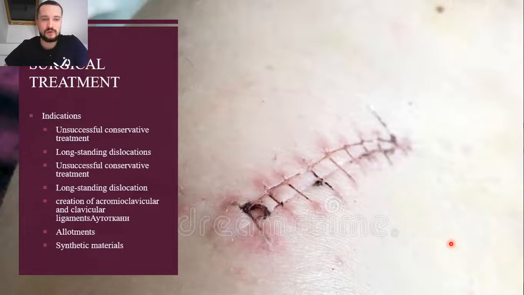In case of failure of conservative treatment and long-standing dislocation, patients should be sent to a hospital for surgical treatment. The creation of acromioclavicular and clavicular ligaments from outer tissues. Elements of synthetic materials: silk, nylon, Dacron.